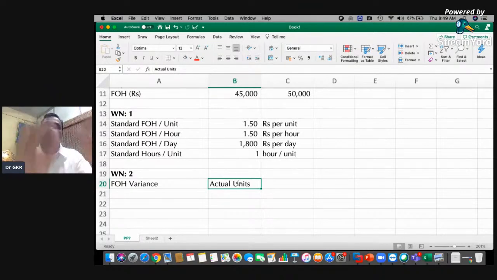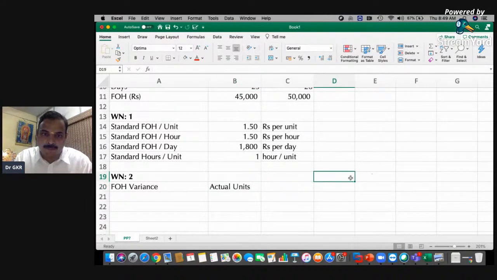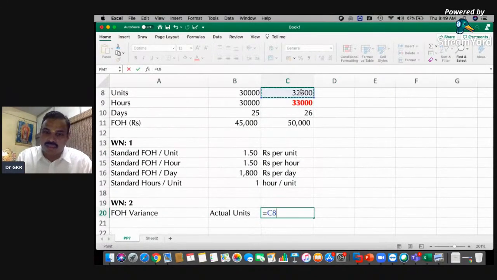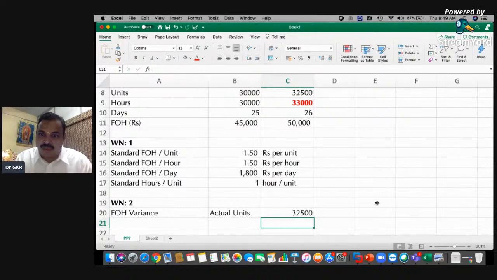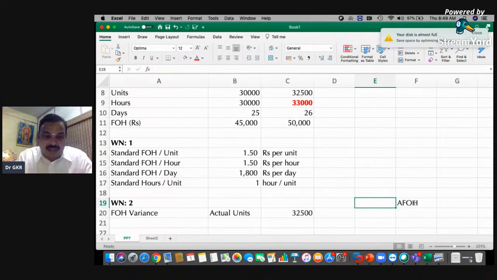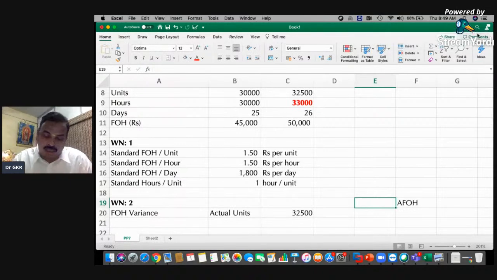Actual rate per unit is 1.5 rupees, and you have manufactured 32,500 units. For these units, you are going to find the actual fixed overhead and the standard fixed overhead, otherwise called the recovered fixed overhead. But you cannot call it the budgeted fixed overhead.